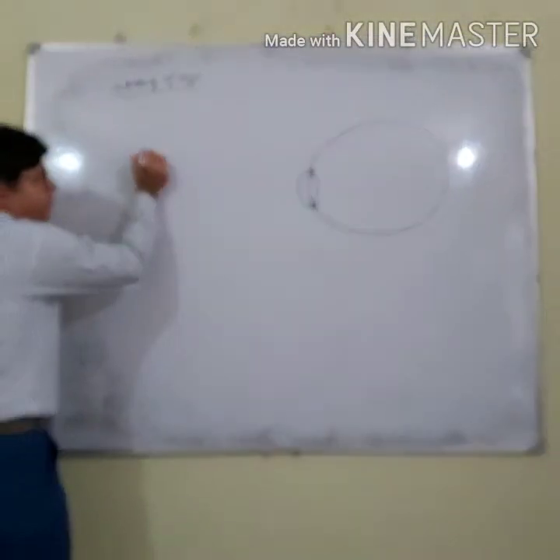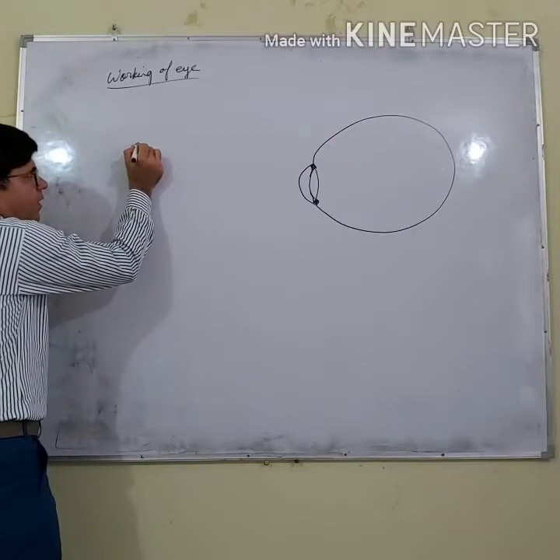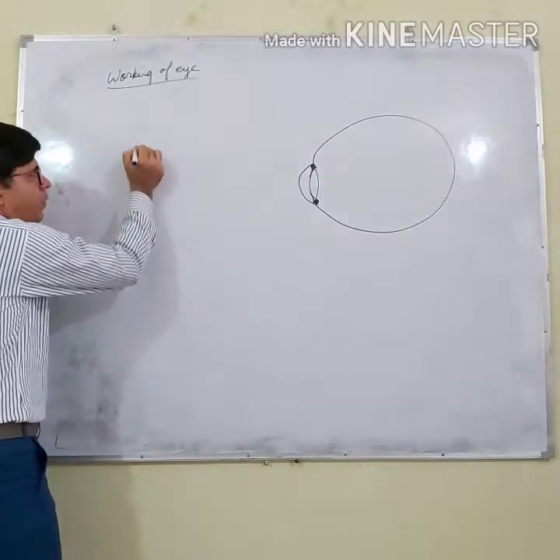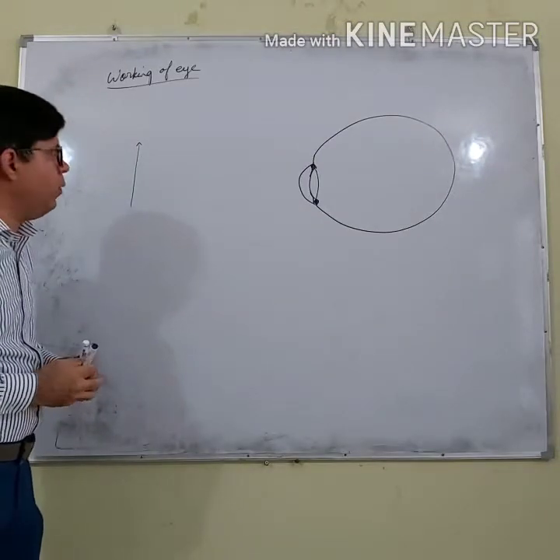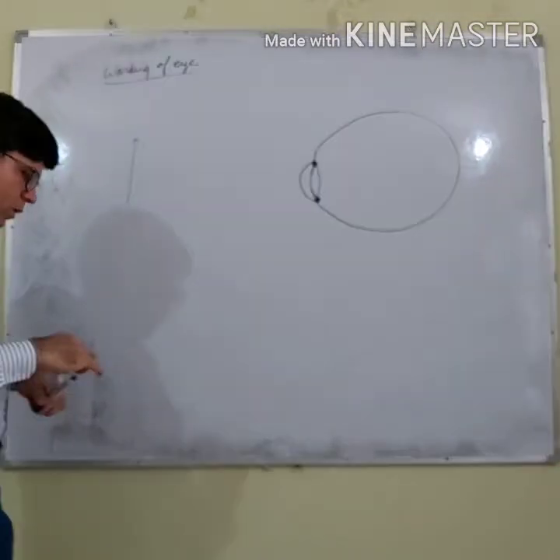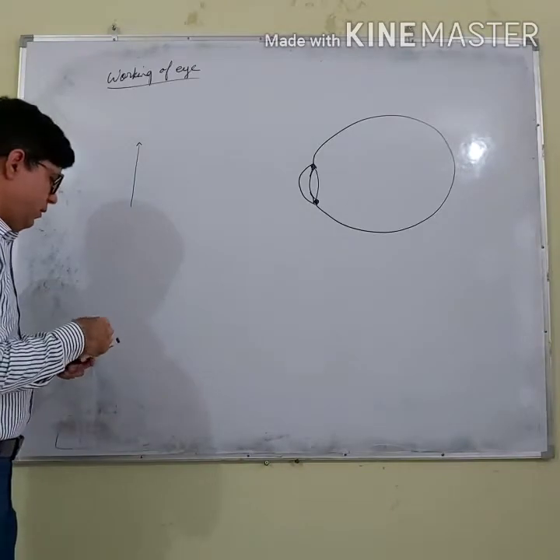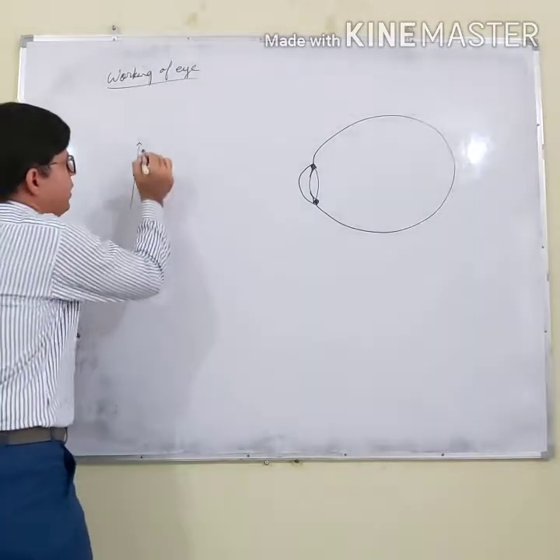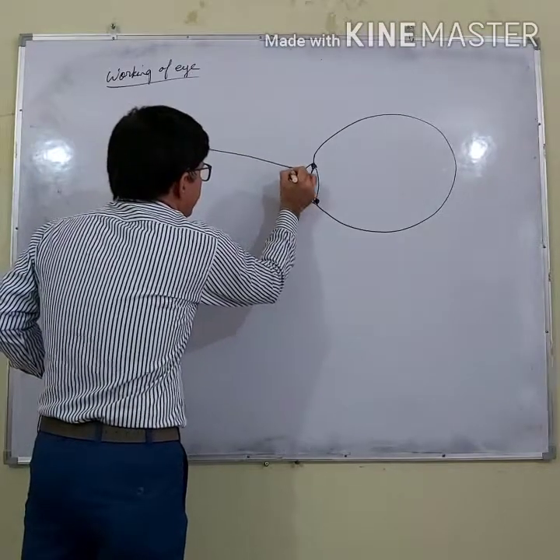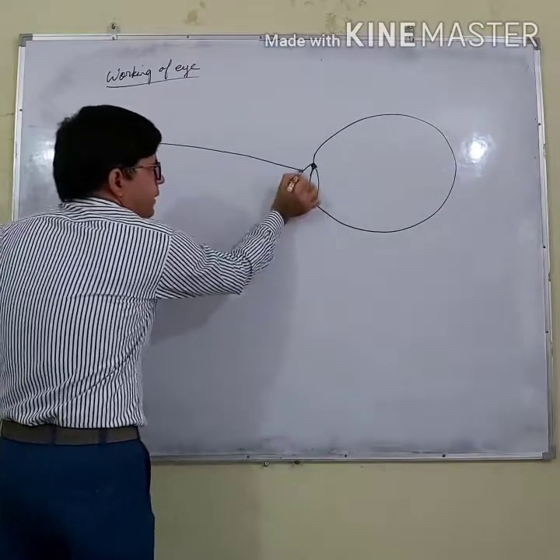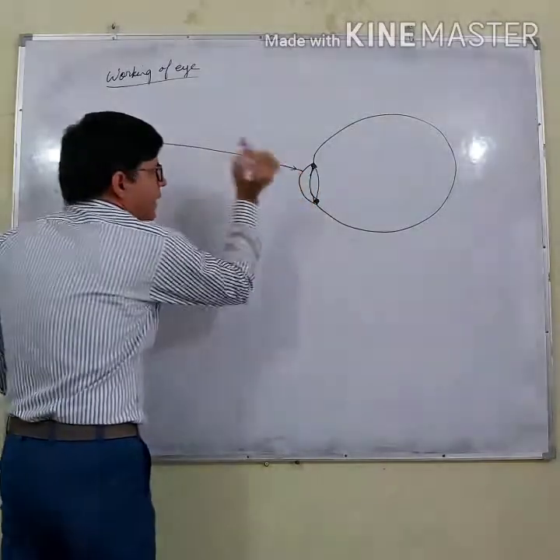Let us say here we are having an object in front of the eye, and see how the image is formed. First of all, rays from the object enter the eye.